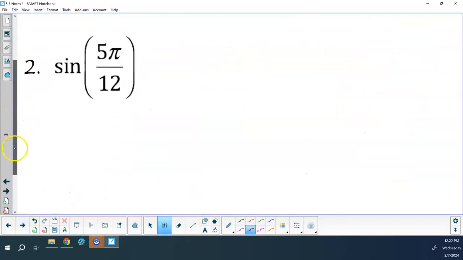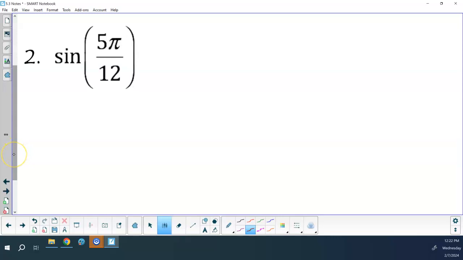Okay? Now, we're at 5 pi over 12. We want to find the sine of 5 pi over 12. So I need two angles. So in my brain, over here off to the side, I'm thinking, all right, give me a combination of unit circle angles that gets me 5 pi over 12.